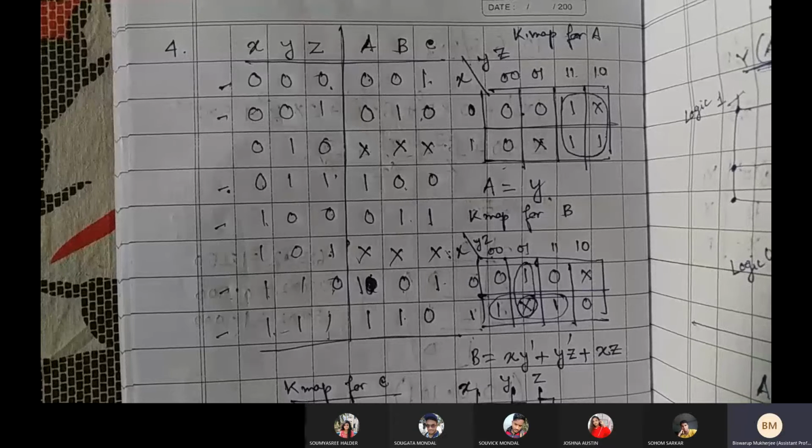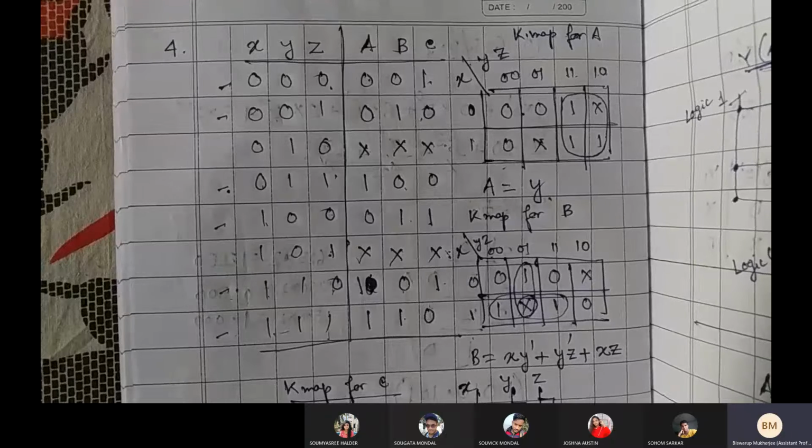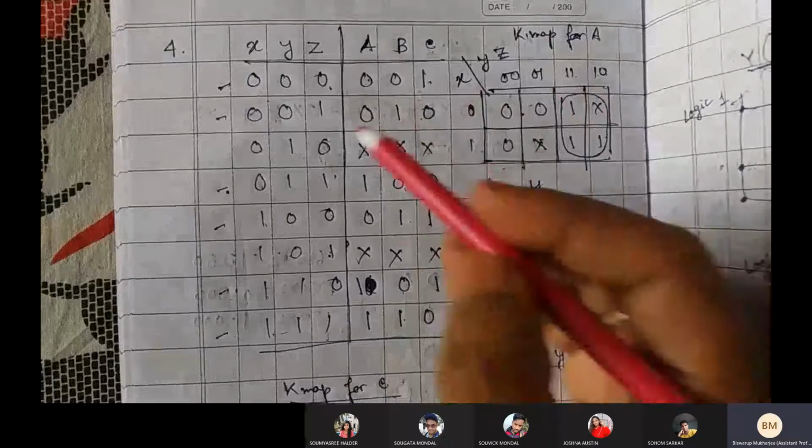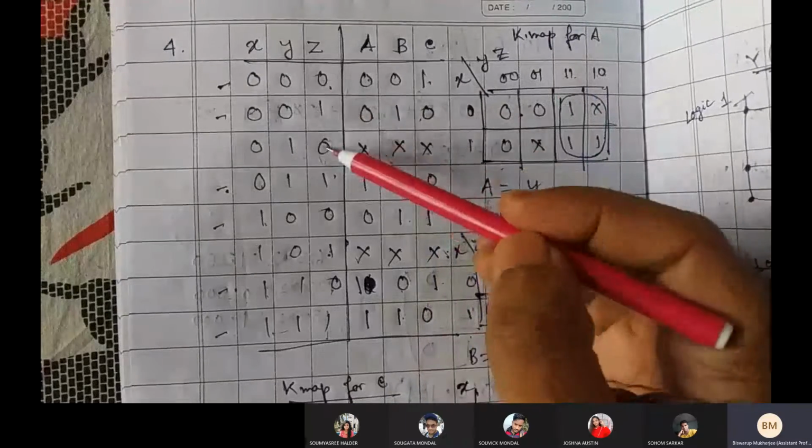Now in the book from which the problem was given, the problem was like this: the output is 1 greater than the input for the inputs 0, 1, 2 and 3.